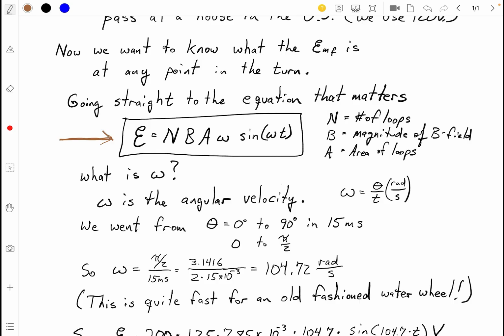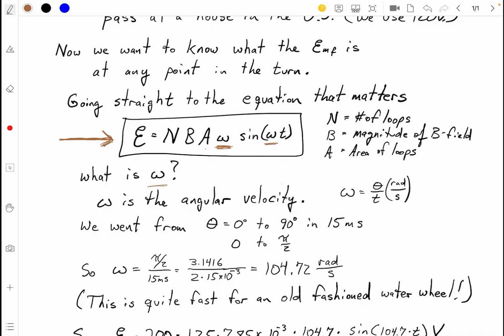There's reasons why it's this, but look, it's the same thing. Our EMF is the number of turns times our B field times our area, and then we're going to be multiplying by omega, that is how fast it's turning, its angular velocity, times the sine of the angular velocity times time.